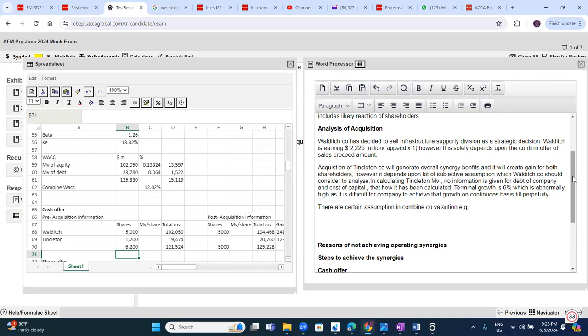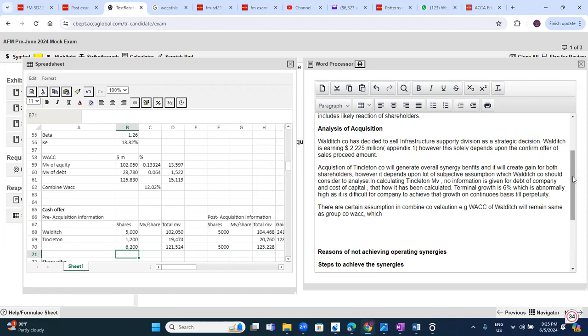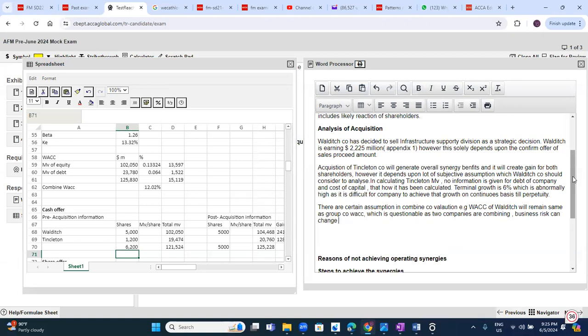For example, WACC will remain same as group company WACC, which is questionable, as two companies are combining, business risk can change, which can change the combined WACC. And in this case, it is assumed to be same. Okay.